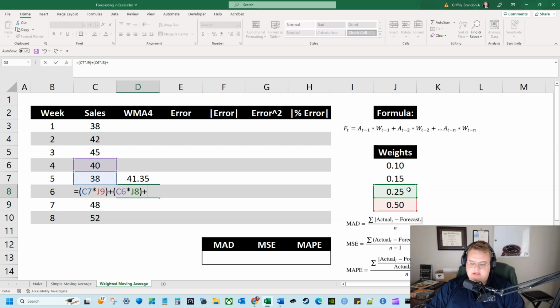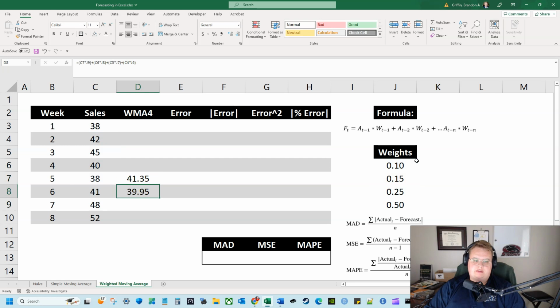In the prior example, 40 was worth 50% of the weight in my forecast, but now, since it is a prior week, it is not as relevant. And then lastly, I can take 42 multiplied by 0.1. All right, so we have 41.35, 39.95, and then let's keep going.